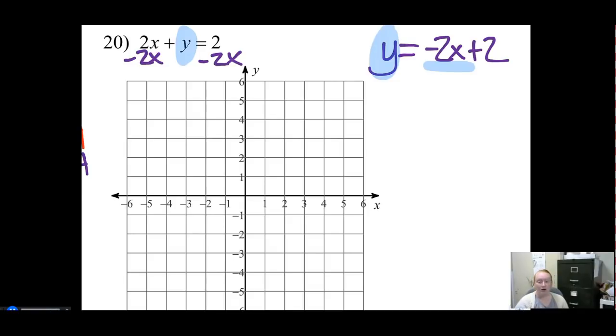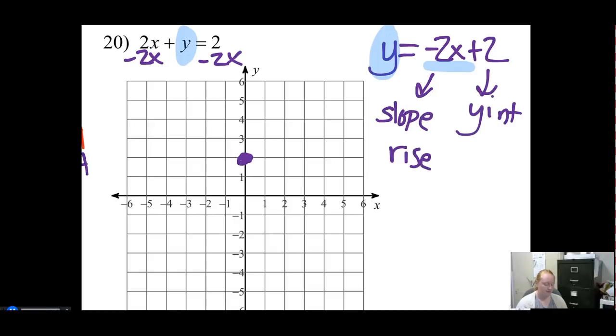I'm going to go ahead and graph it, and I know my y-intercept is at positive 2. I'm going to use this negative 2, which is my slope, to show my rise over run. Right now, some people freak out because there's only a negative 2 there, so there's not really a rise and a run.